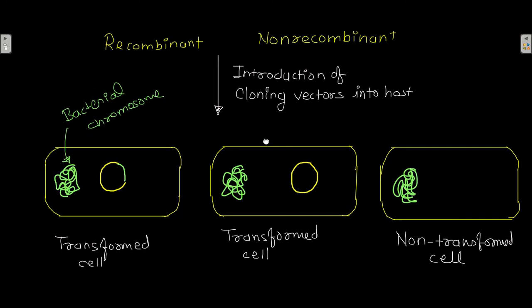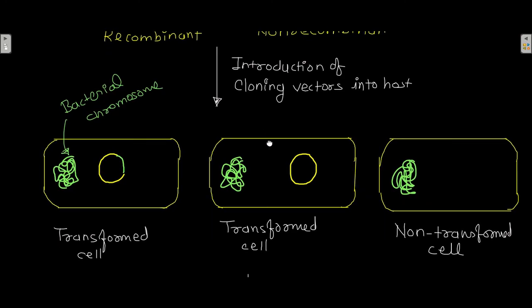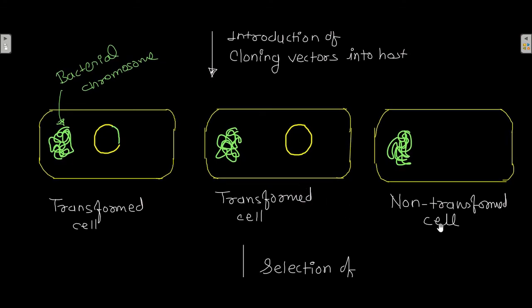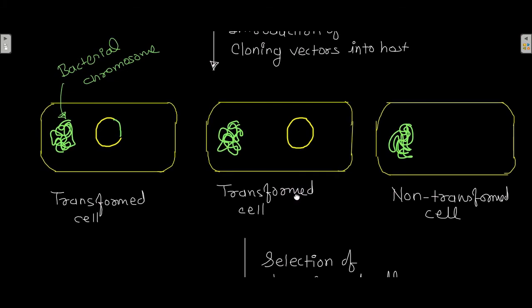After the experiment, in the suspension you have transformed cells which have the recombinant DNA. You have transformed cells which have the cloning vector but that is not recombinant. And you have non-transformed cells, that is, the DNA didn't enter the cell. So these three types of cells are there in your suspension, and this is the bacterial chromosome represented here.